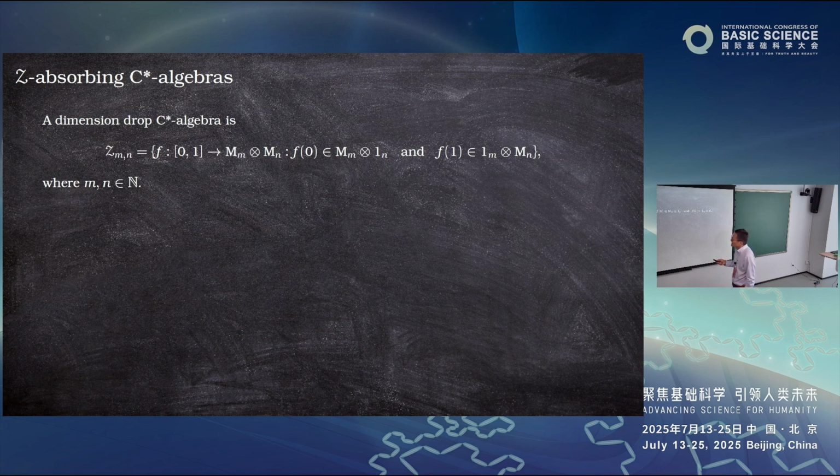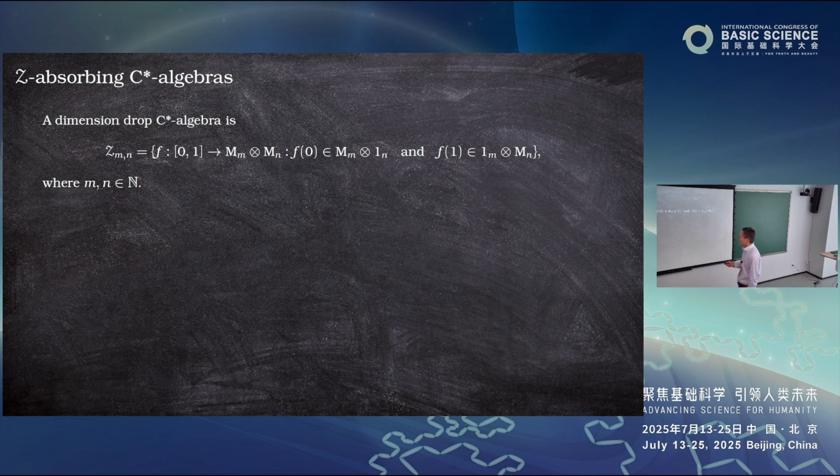What is this Z? This Z is actually called the Jiang-Su algebra Z. Then what is this C-star algebra? The C-star algebra Z actually is an inductive limit of something called dimension drop C-star algebras. And what is a dimension drop C-star algebra?